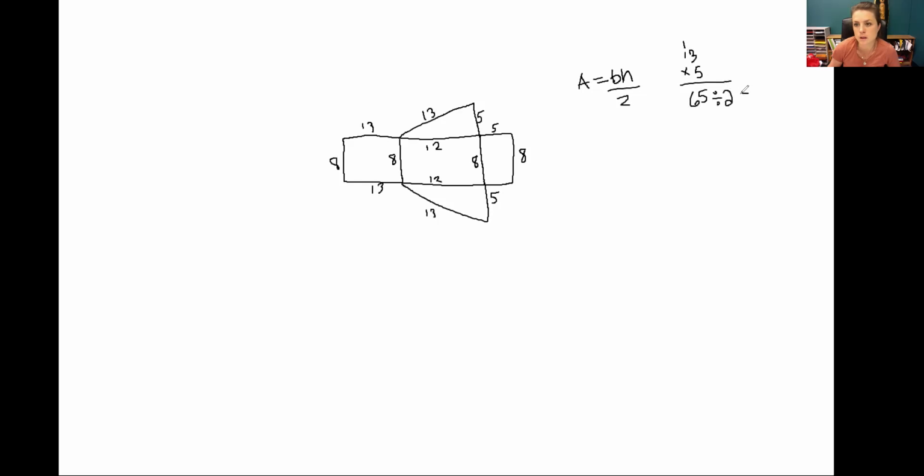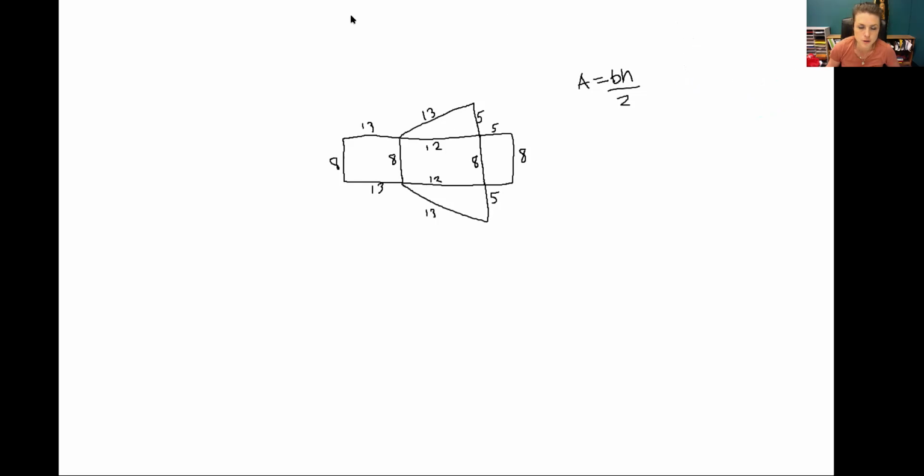Okay, so that's going to give me 32.5. Oh, what did I do? Oh, you know what? Darn it. Okay, the height. This is where I messed up.